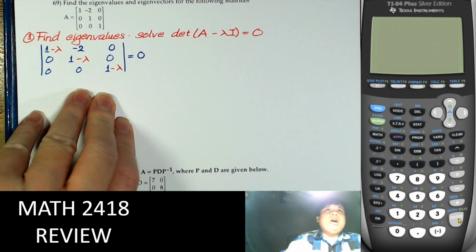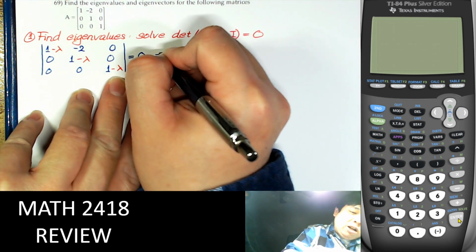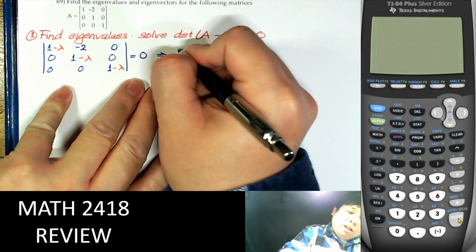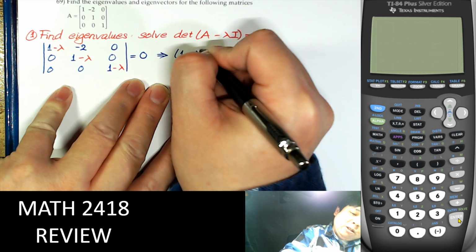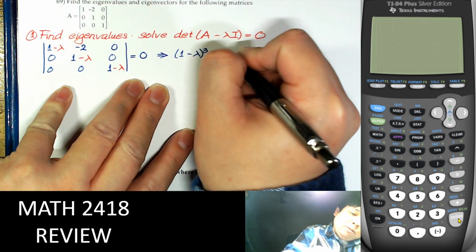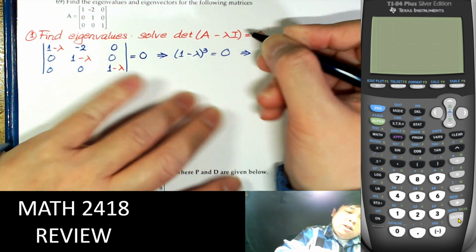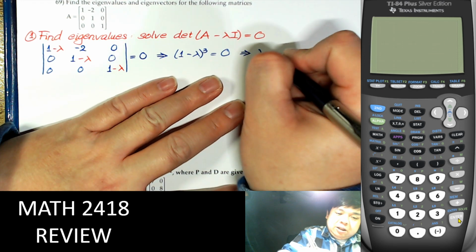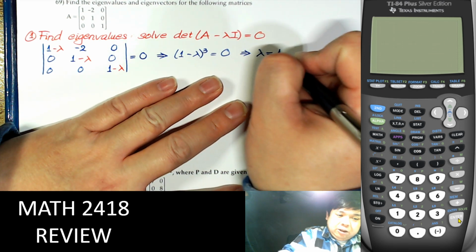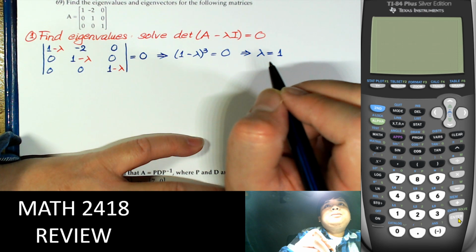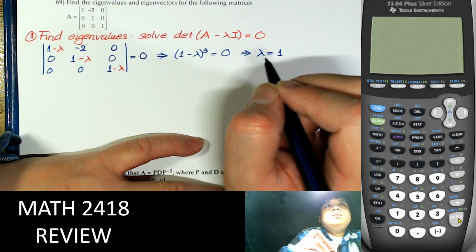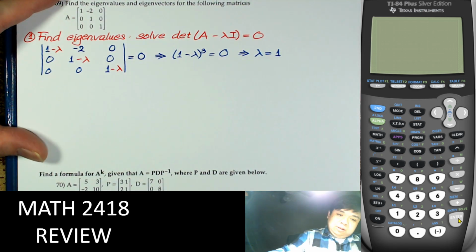So upper triangular matrix, so we just multiply the diagonal entries. So that gives us lambda equal to 1. Right, next.